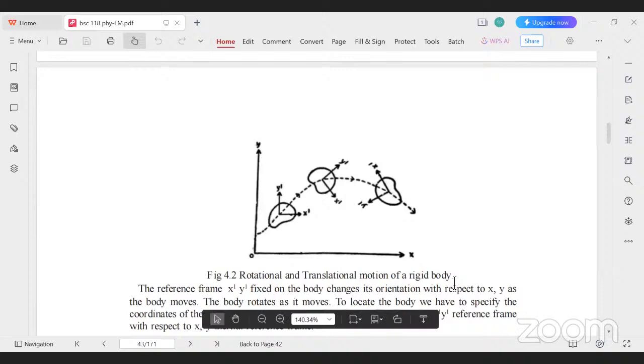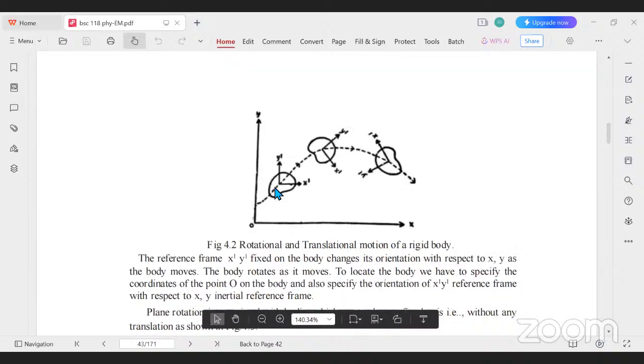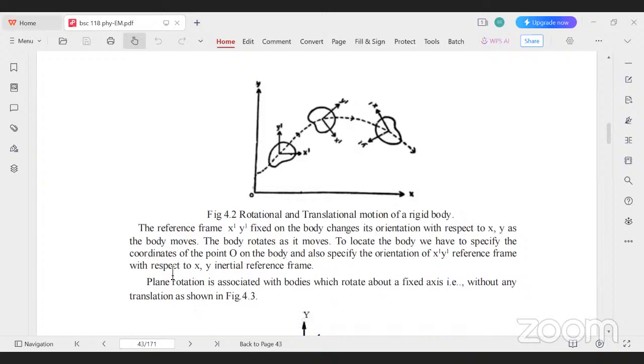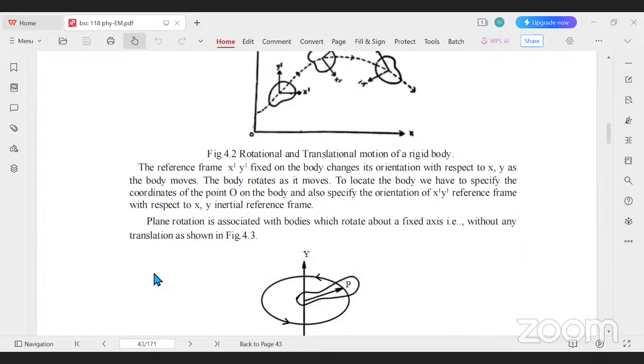So, rotational and translational motion of a rigid body. If we are talking about a single topic, that is rotation and translation motion of a rigid body, the reference frame is fixed on the body, and it talks about the fixed axis, how this axis can be fixed.